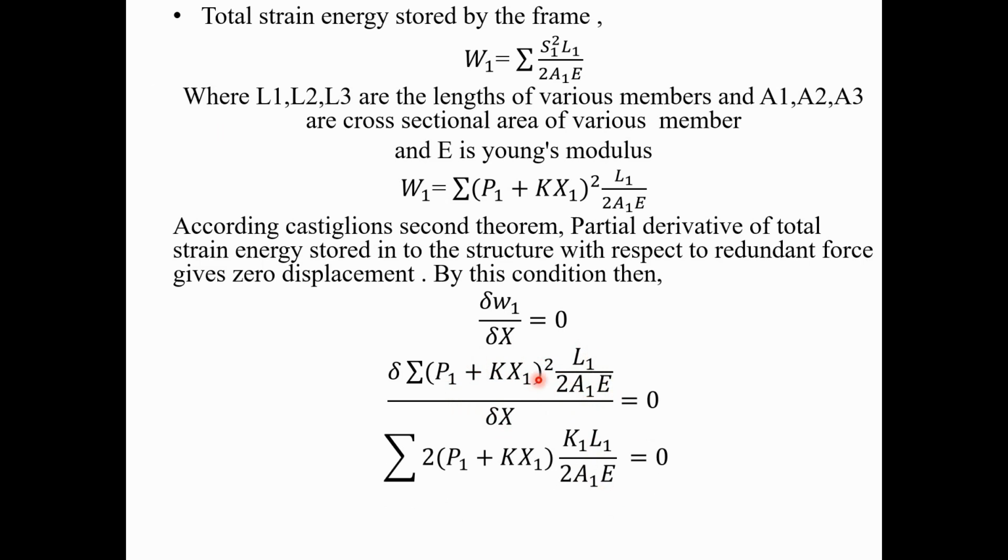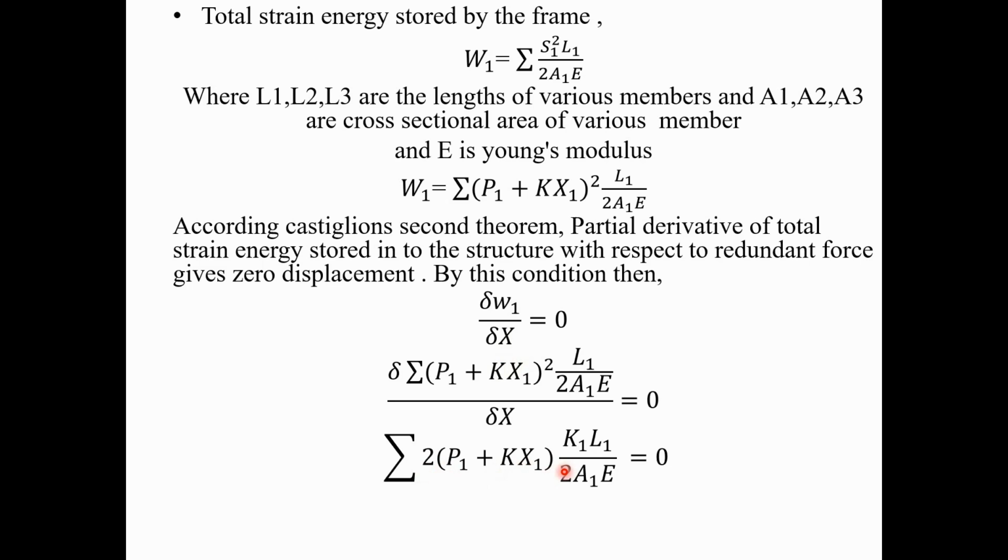By differentiation of the whole term, as we are taking a square, the differentiation will be 2 into P1 plus Kx1, but P1 is again constant, and the differentiation of Kx1 with respect to x is K1. So we'll take K1 outside, so K1 into L1 divided by 2A1E is equal to 0. So this is the differentiation of W1 with respect to the redundant force.